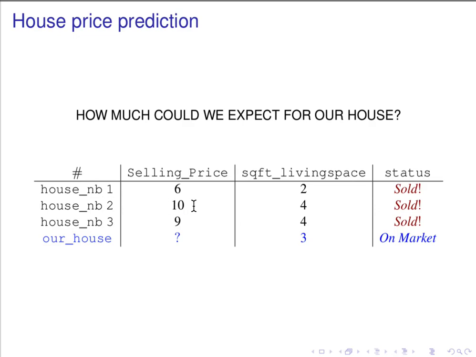The second house, selling price 10, square feet, living space 4. House number 39, that's 4. Then our house, we have not yet sold it, but before putting it on the market, we would like an estimate. And we use the data, and we see that we have 3 square feet, and our house is going to be on the market. So how can we use the data to predict?